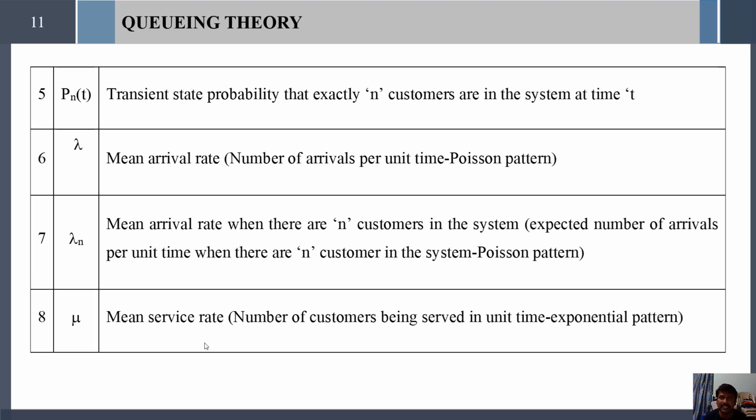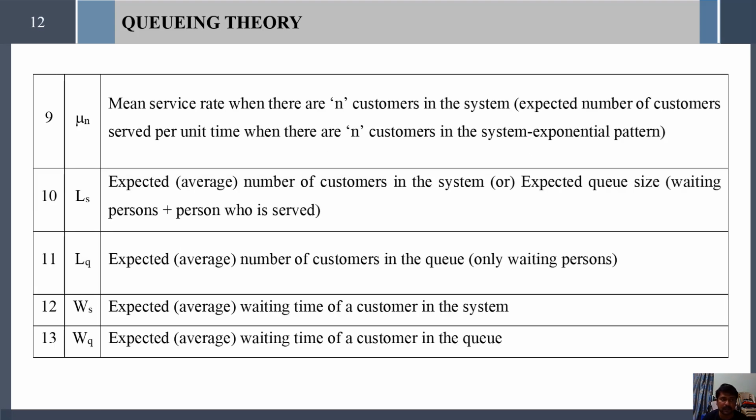If the arrival rate is given, then we take that amount as lambda. And next, this mu is the service rate or mean service rate, otherwise average service rate. This mean service rate always follows the exponential distribution.